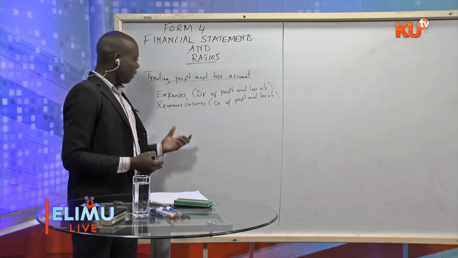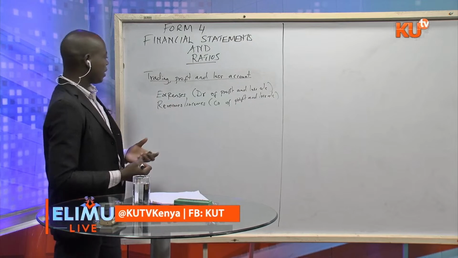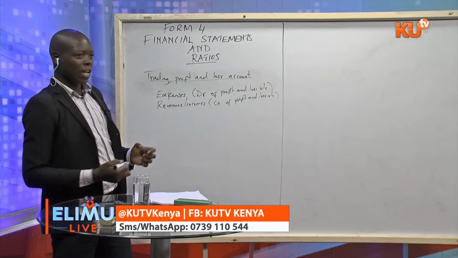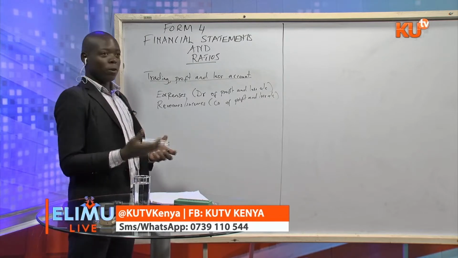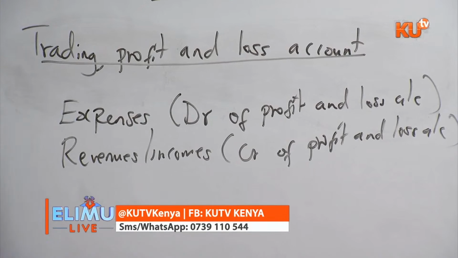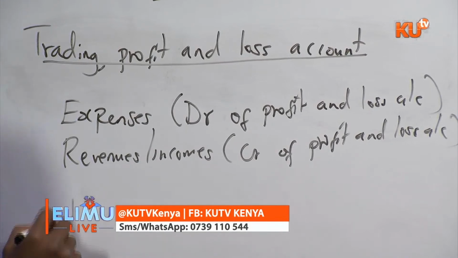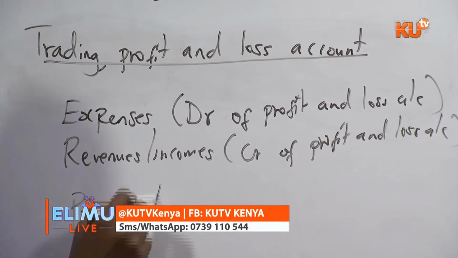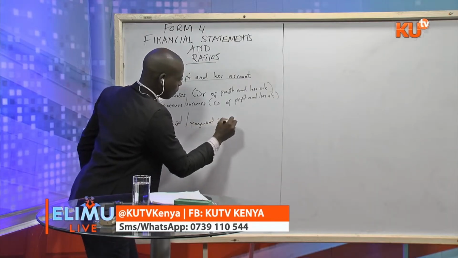When we are dealing with accounting, we have to know how to make adjustments to these expenses and to the revenues. The key adjustment we make is this: sometimes we make payments in advance before the service is offered. We call them prepaid expenses. Prepayment simply means payment in advance.